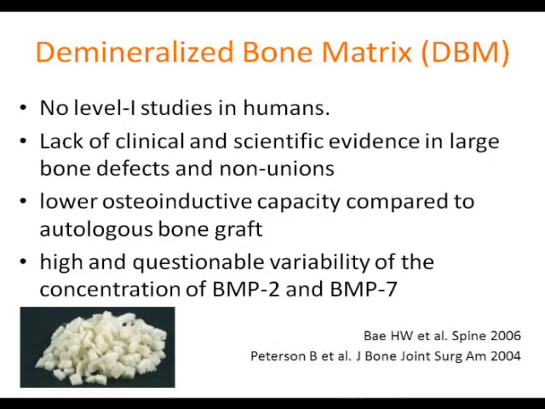There is a lack of clinical scientific evidence of its usefulness in large bone defects. It may show a lower osteoinductive capacity compared to the autologous bone graft obtained from the iliac crest. And the concentration of bone morphogenetic protein 2 and 7, those very important for bone healing, is very questionable because the variability is very high.